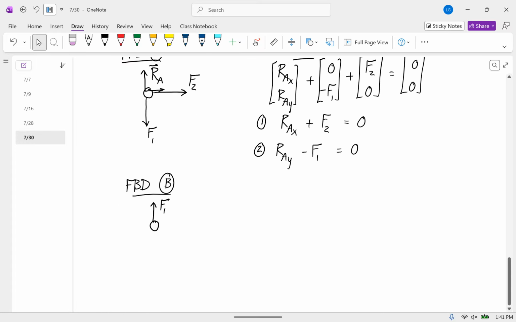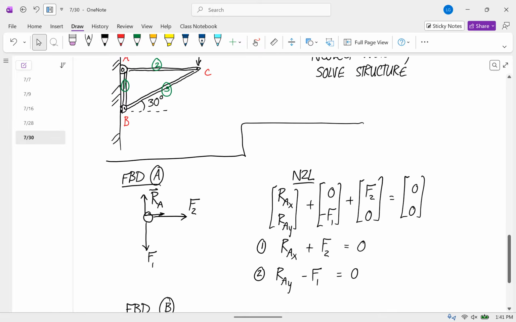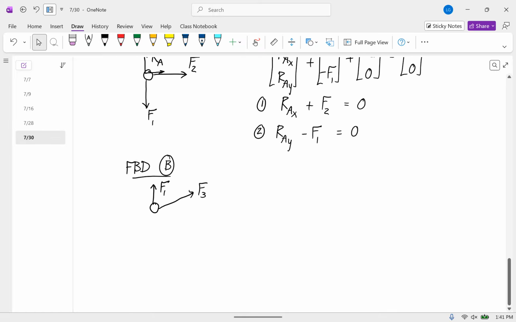We also have an F3 going this way. And then we have the frictionless contact or the roller contact with the wall. The rule is perpendicular to the surface toward the chosen body, and I'll call that RB, in honor of RB's roast beef.